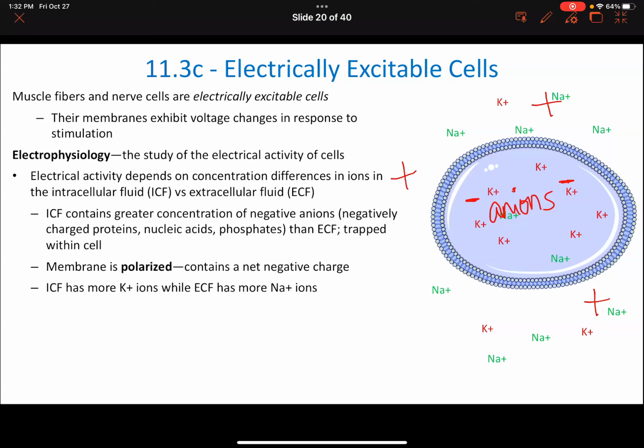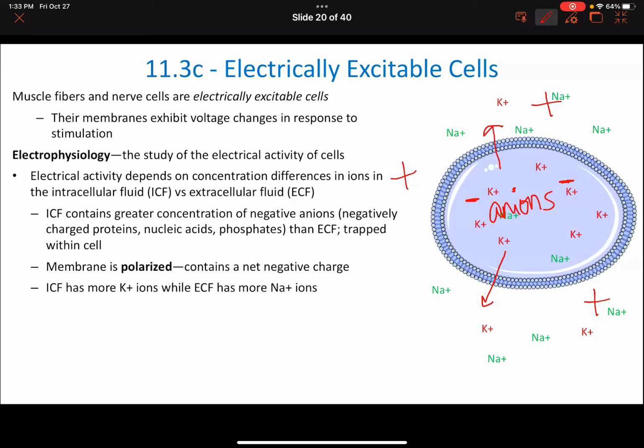There are way fewer sodium ions inside the cell than there are outside. And if you recall, based on our differences of ions across semipermeable membranes, this creates a drive. So in this case, our potassium ions, there's more inside than there are outside, and so potassium wants to go which way? Hopefully you said out. Potassium wants to leave the cell.